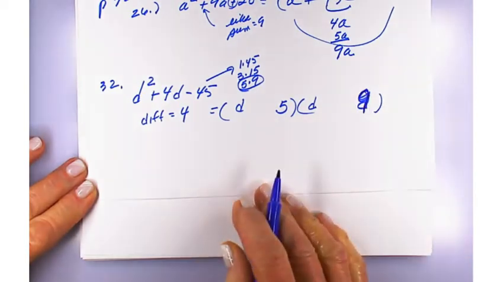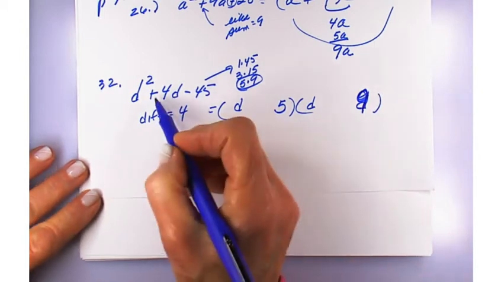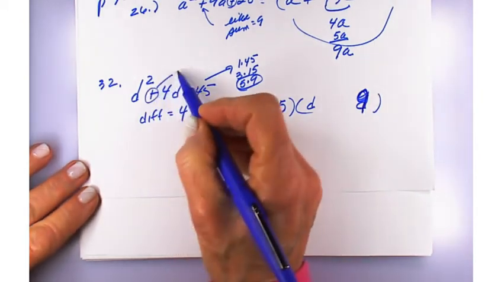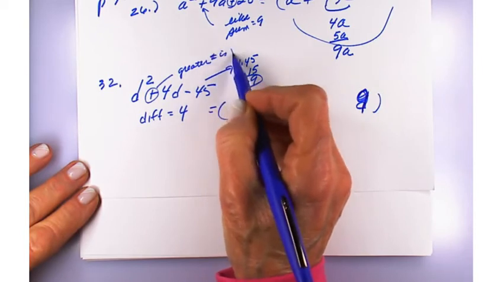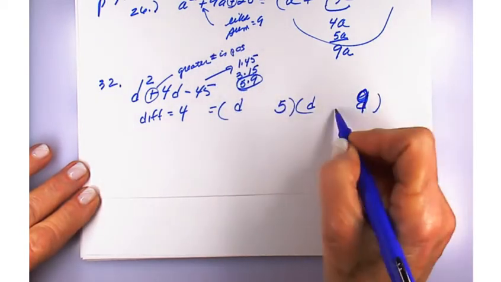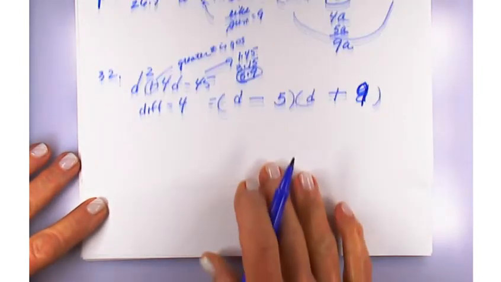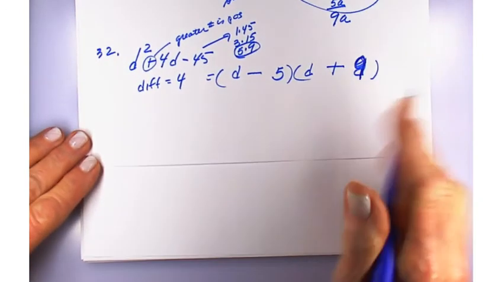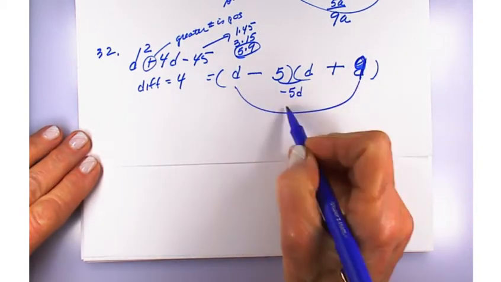And we need to know the signs. I look at the middle. This tells me the greater number is positive. So I'll make the 9 positive and the 5 negative. And now we'll get minus 5D plus 9D gives me 4D.